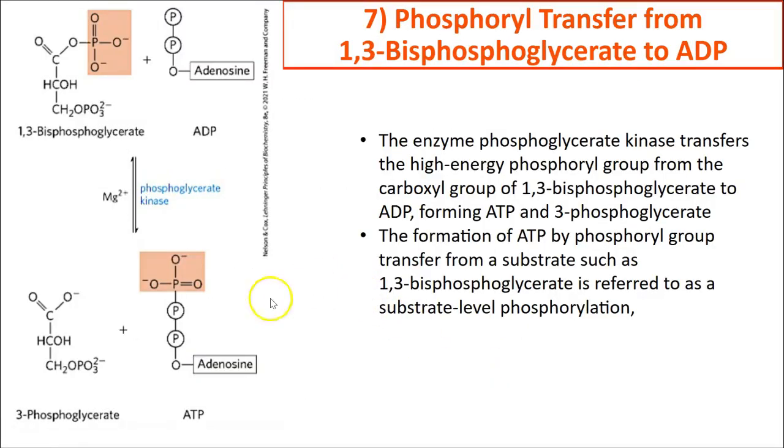And so thus, when we generate this ATP, just note that this is 2 ADP that is coming off. Because we have 2 of the 1,3-bisphosphoglycerate. And so it utilizes the enzyme phosphoglycerate kinase along with that magnesium cation.